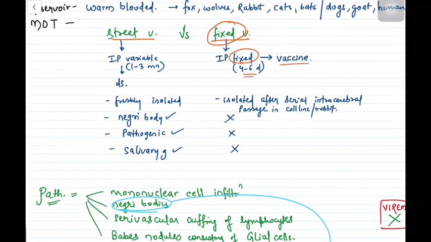Thus, we are making vaccines out of this, because obviously we are doing so much work, serial inoculation with the cell line or the rabbit, just to make this vaccine. But the street virus has a very variable incubation period ranging from 1 to 3 months, or we can say 10 to 90 days. And this is the one which is causing disease.